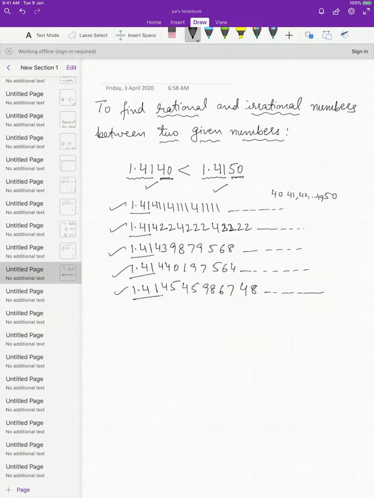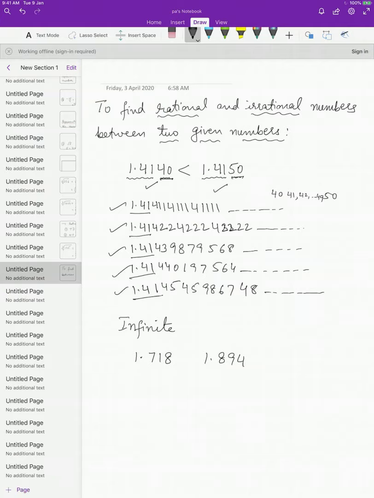So this is how we find out the rational and irrational numbers between two given numbers. And remember, there are infinite rational numbers and infinite irrational numbers between any two given numbers. Now suppose I take another two numbers, say 1.718 and 1.894. Suppose these are the two numbers.